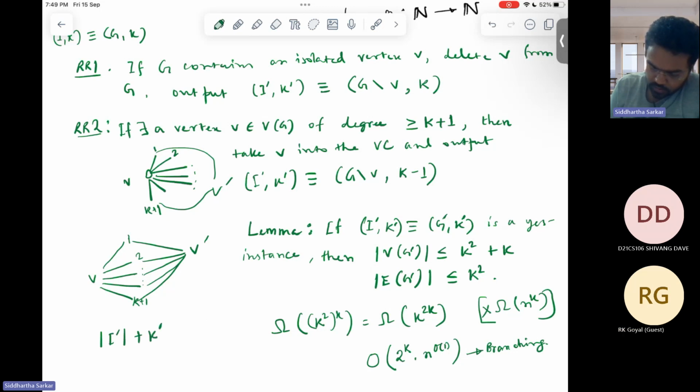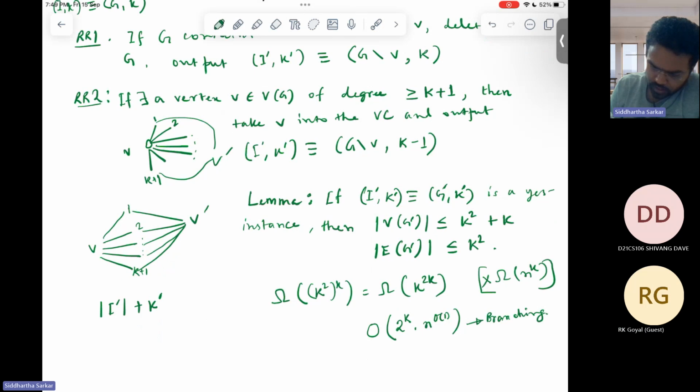In this case, because we have the vertex cover problem, we can replace I dash by the number of vertices plus the number of edges, and k dash is at most k. So that is again order k squared. So we will say that the size of the kernel is order k squared.